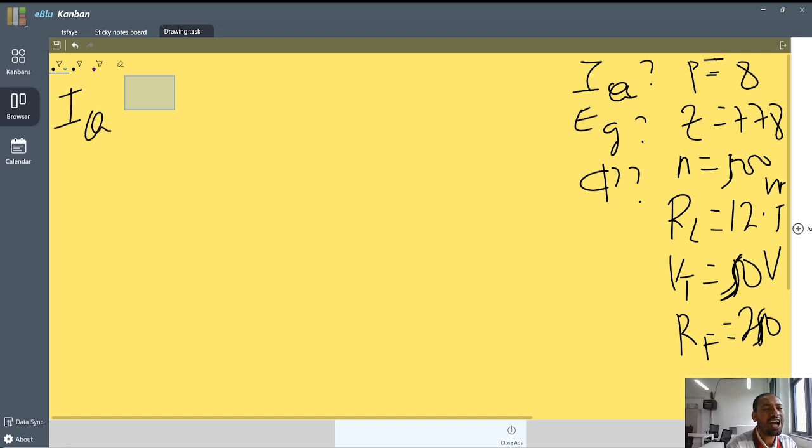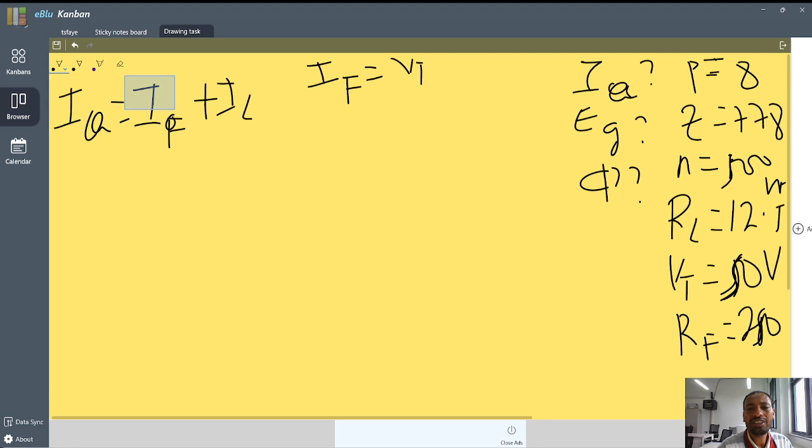Important equations. IA is going to be IF plus IL. So what is IF? It is VT divided by RF. What is VT? 50 volt. And RF? 250 ohm.